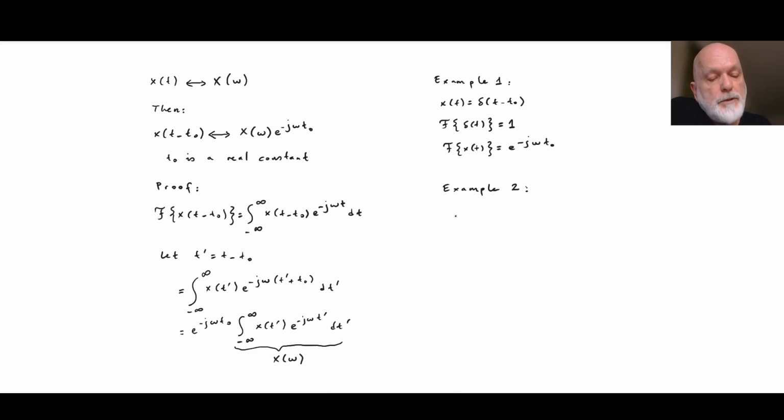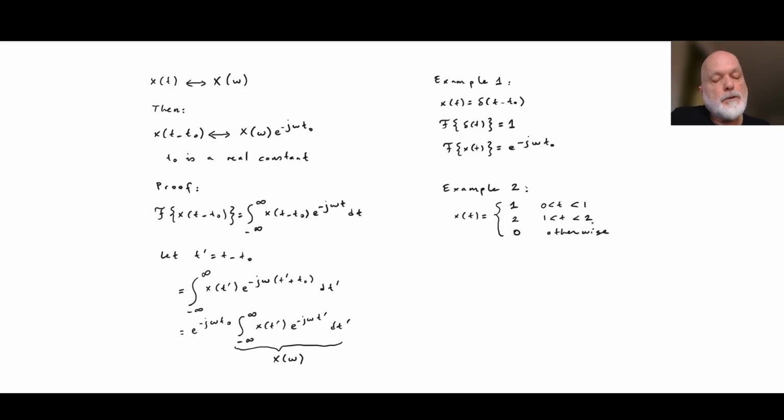Let us consider the following signal. x of t is equal to 1 for t between 0 and 1, and 2 for t between 1 and 2, and 0 otherwise.